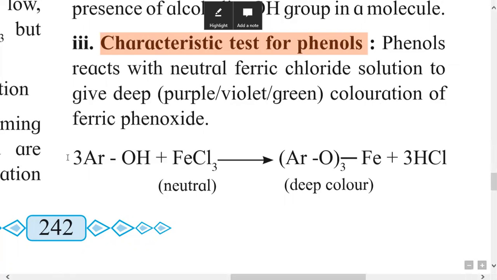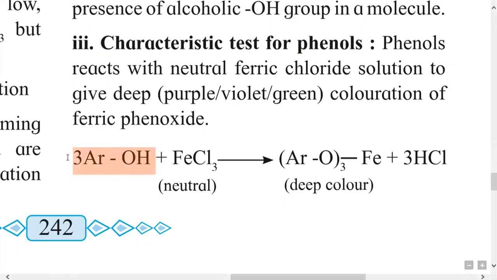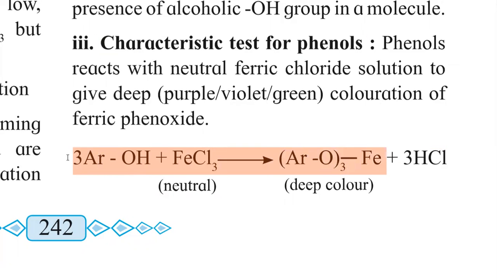When phenol, having general formula ArOH, is treated with neutral FeCl3 solution, ferric chloride solution, phenol gives ferric phenoxide having formula (ArO)3Fe, and its color is deep purple or violet or green color.